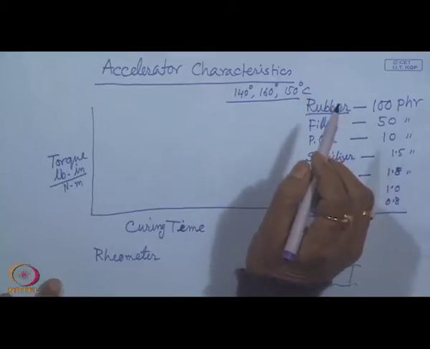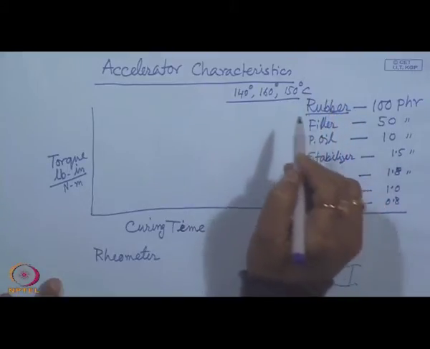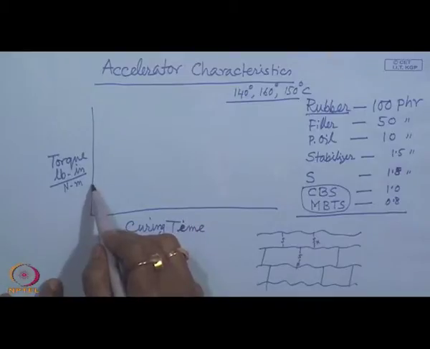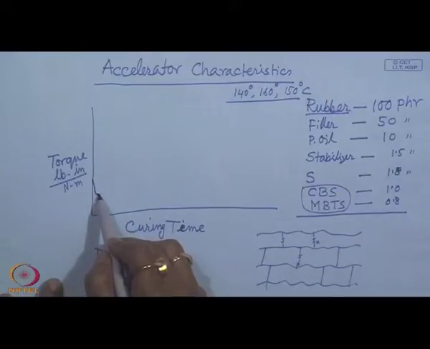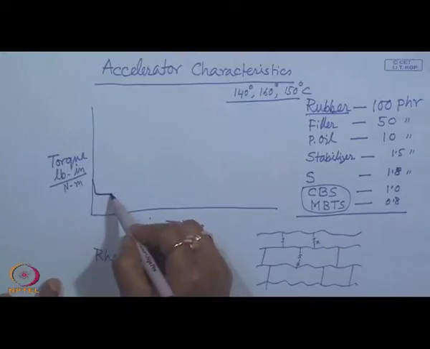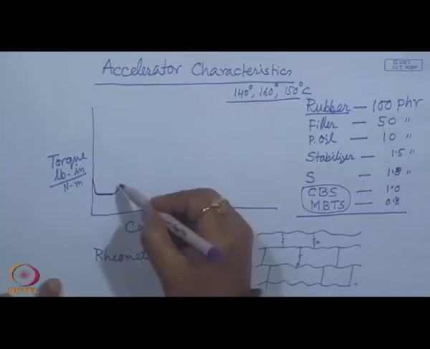This temperature is maintained, and as soon as the rubber is placed, what happens? The rubber compound gets heated, and slowly the viscosity or the torque decreases due to increase of temperature. Then it becomes parallel to the time axis for some time. Then this torque starts rising.